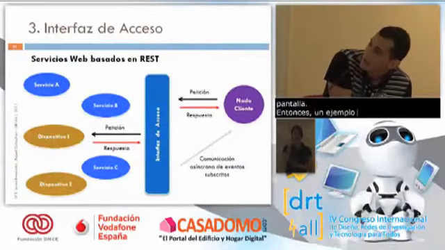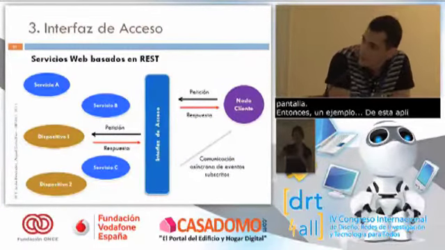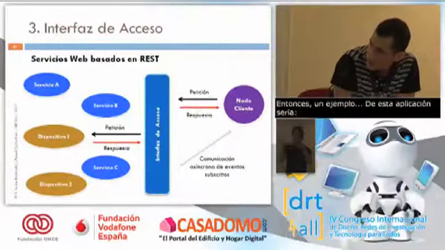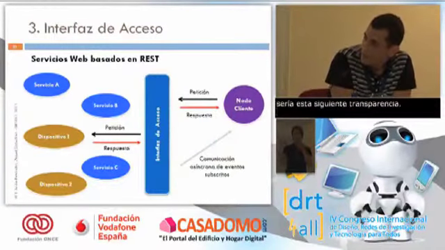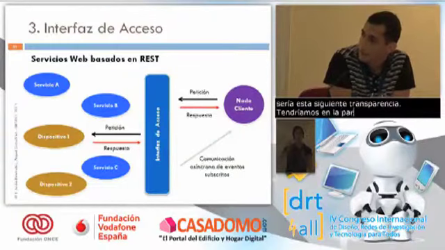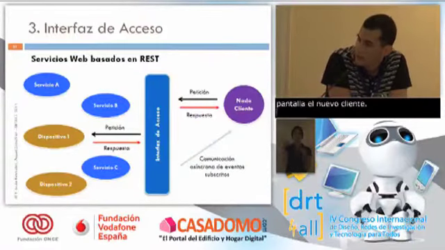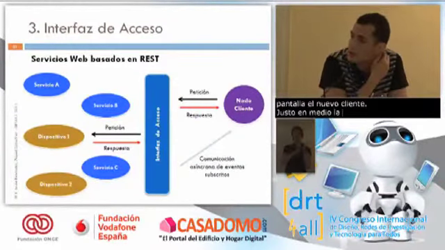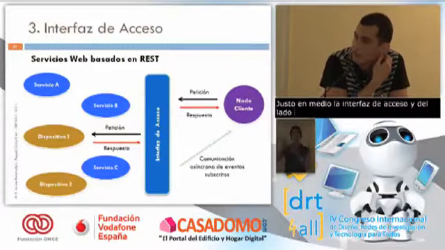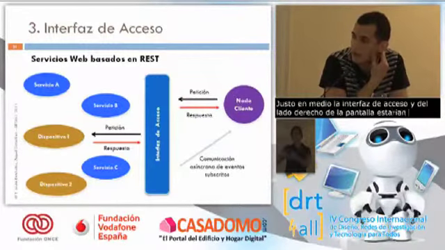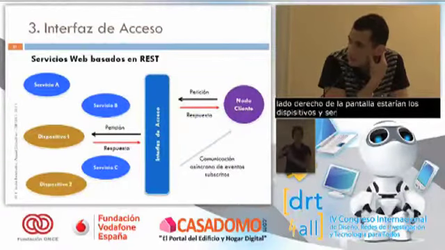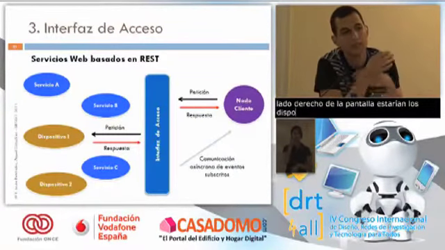An example of this application is reflected on the screen. On the left, we see the client node. In the middle, we have the access interface, and to the right, we have the different devices and home services.